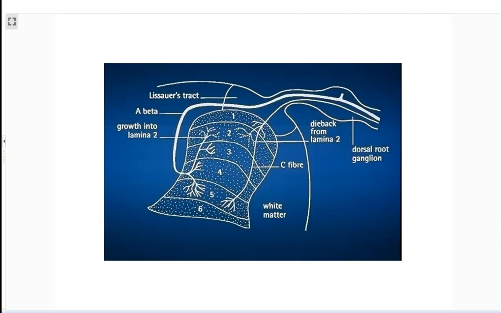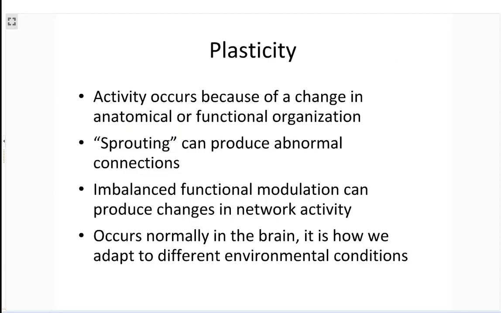But interestingly, these A beta fibres, in this diagram, actually grow into lamina 2. Just in the last few months, the thinking on that has changed, and what they're now saying is that there are actually increased excitatory neurons as well. So there's an increase in activation in this first and second lamina due to activation of these excitatory interneurons.